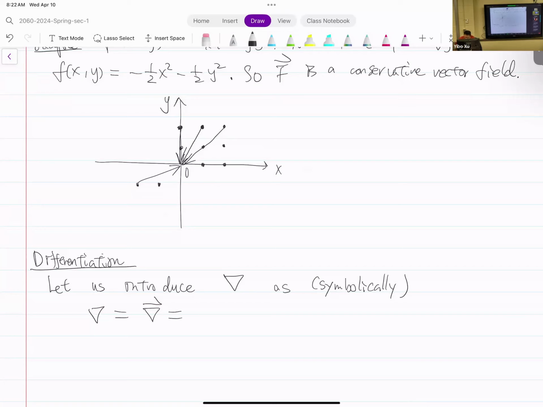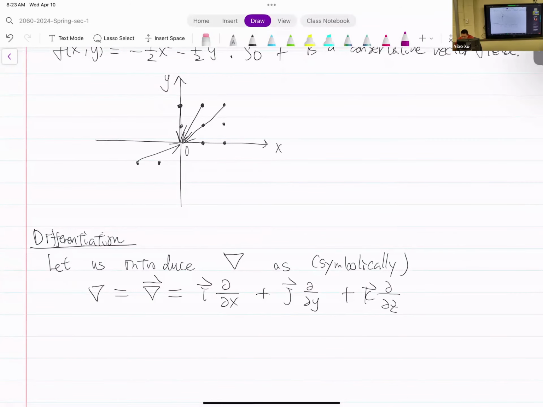But here we're just putting the differentiation operations right after the component. So it's going to be i associated to the partial derivative of x, this operation, plus j del y, the partial derivative of y, plus k del z.